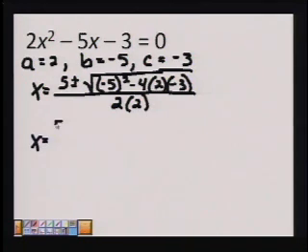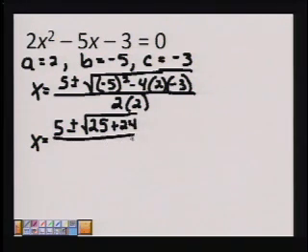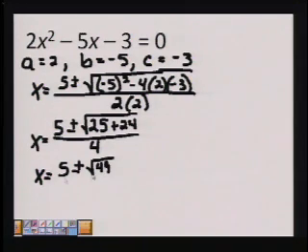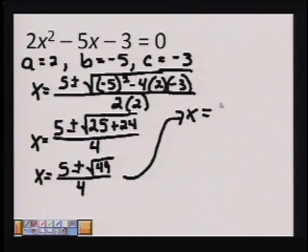So x equals 5 plus or minus the square root of 25, and then minus 4 times 2 times negative 3 would be plus 24, and that's over 4. So we have x equals 5 plus or minus the square root of 49 all over 4. We know the square root of 49 is just 7.